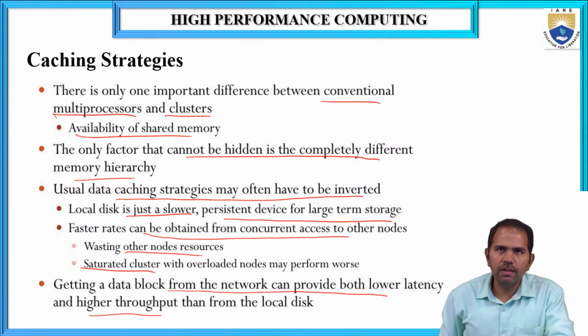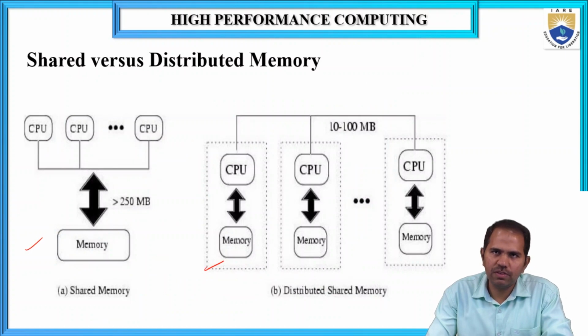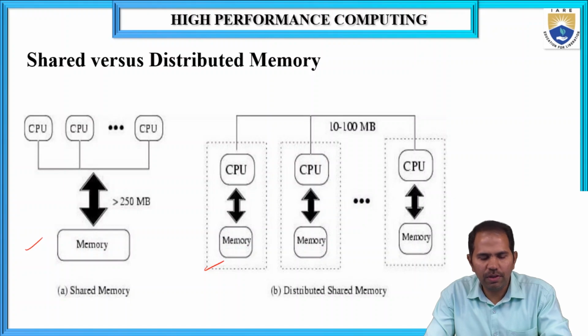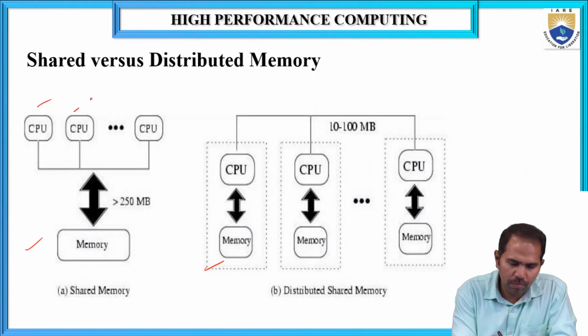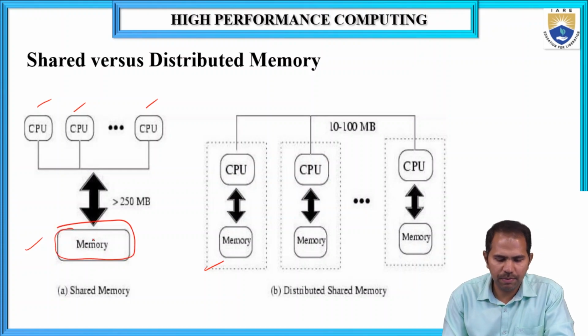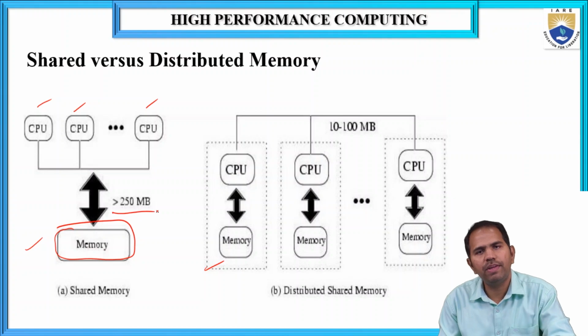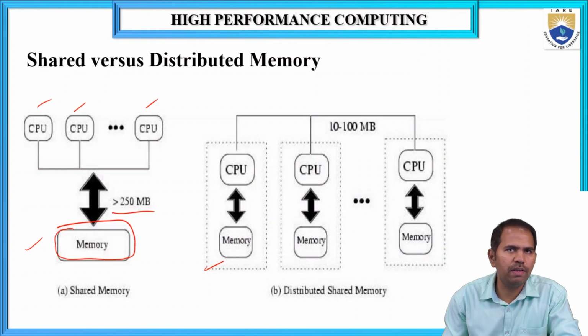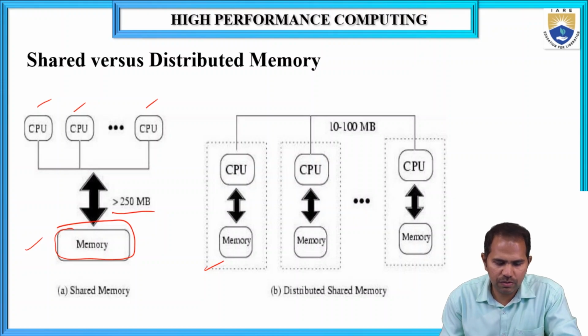Now see here, shared memory versus distributed memory. With shared memory, a group of CPUs has to share a single memory. A single memory has to be shared. The transfer at a time has to be greater than 250 MB, greater than 250 MB for each and every CPU.